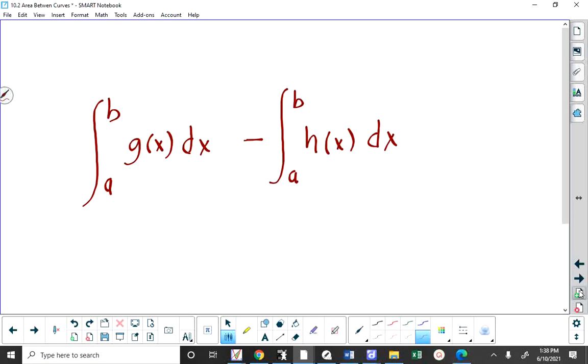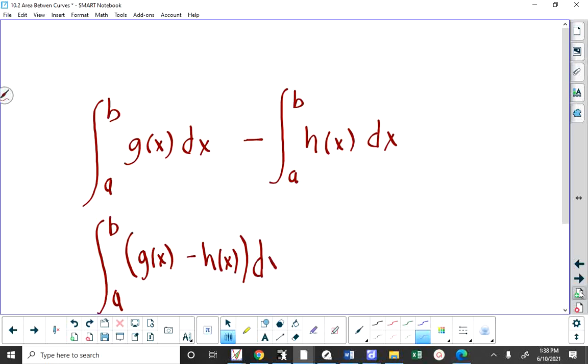It turns out that the integral of one function minus the integral of another function is equal to the integral, as long as it's from the same number to the same number, of the difference in the integrands.